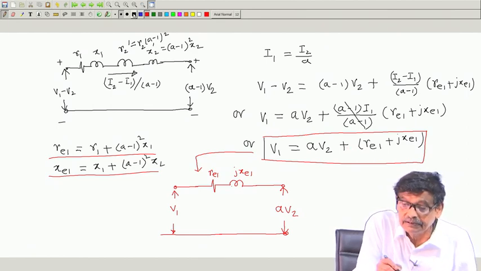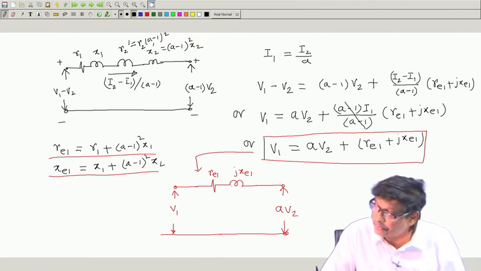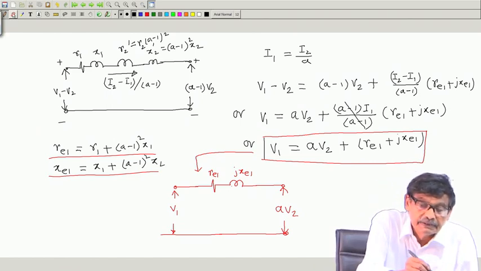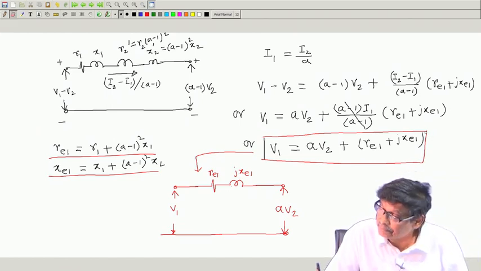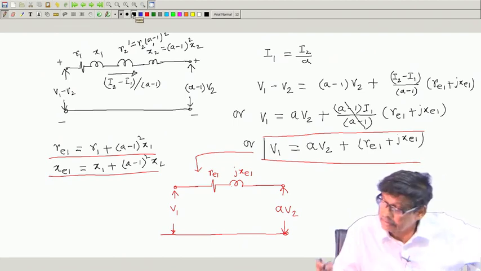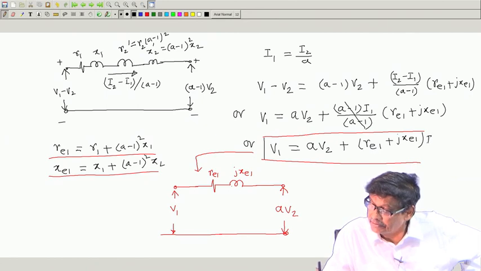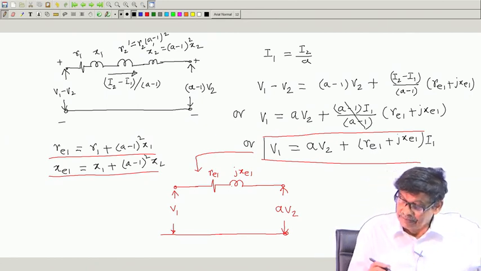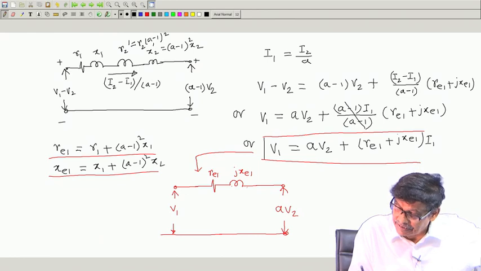In this expression, let me put it properly. Into I 1, here it is into I 1, is it not. So, this current is I 1.